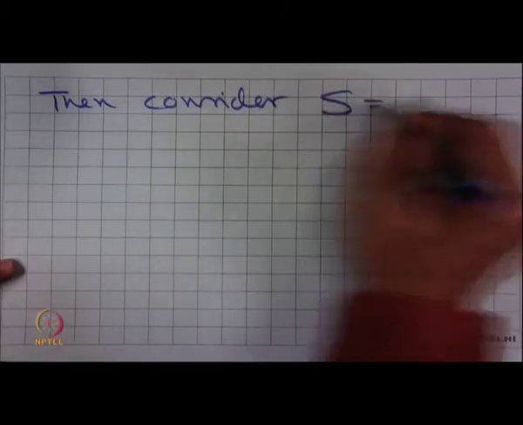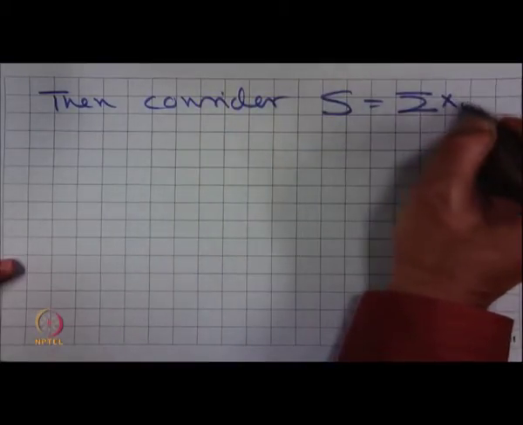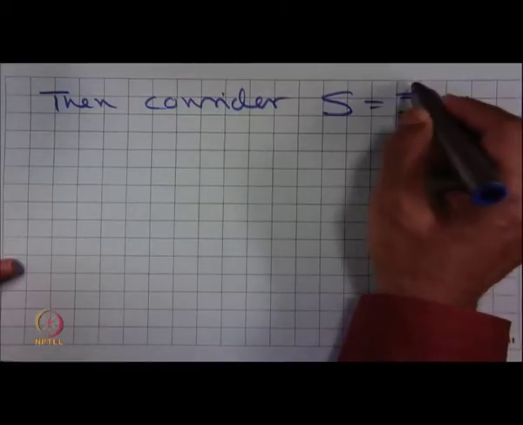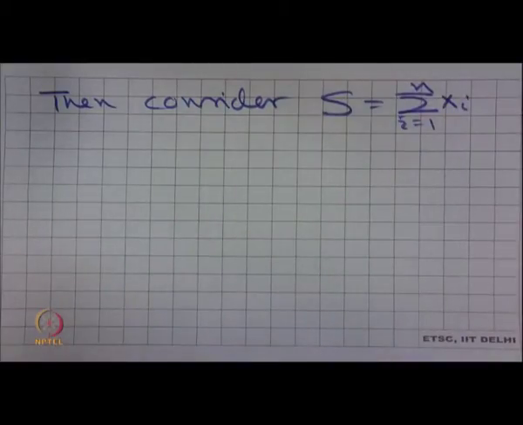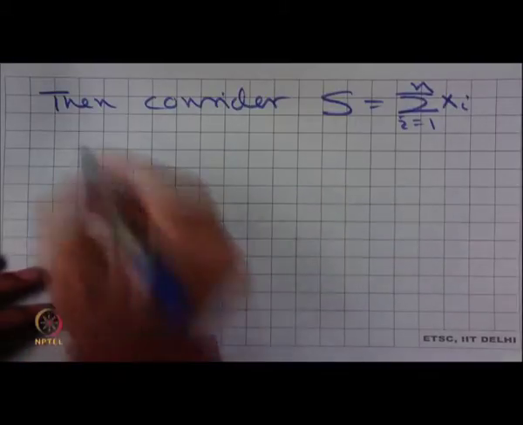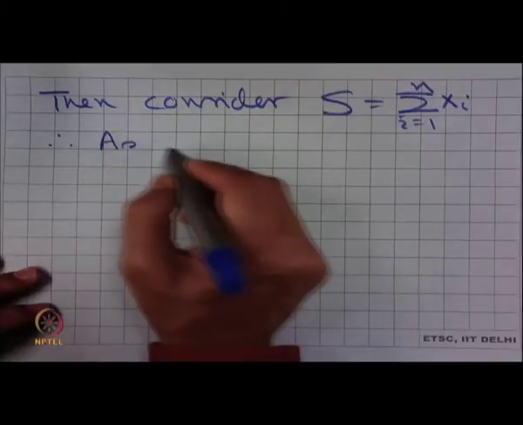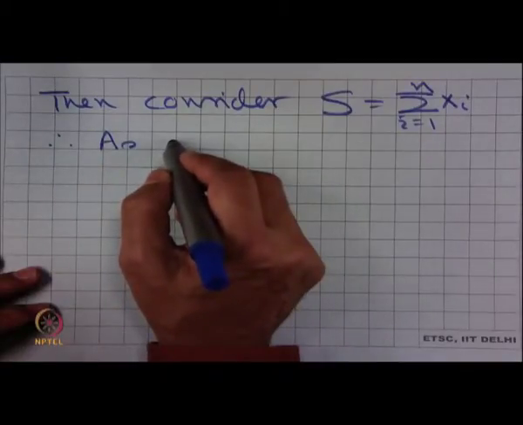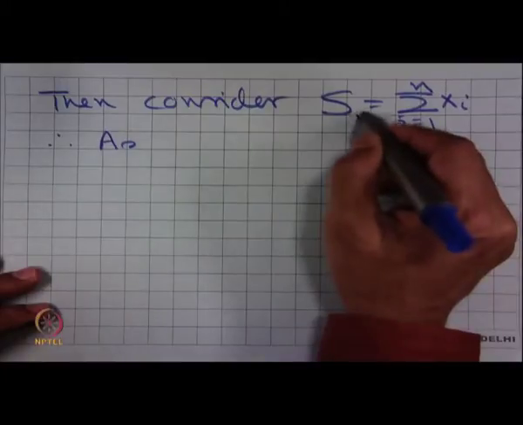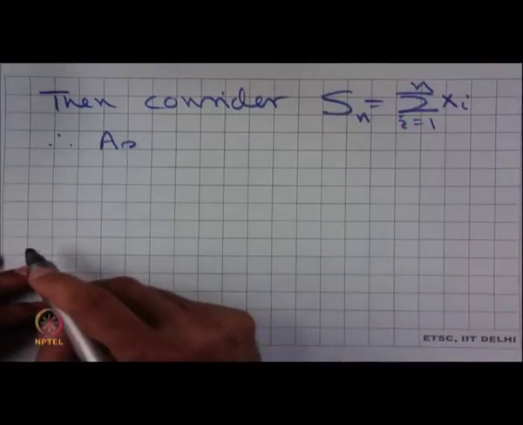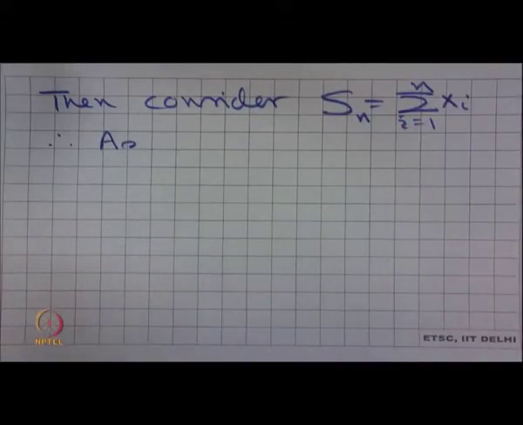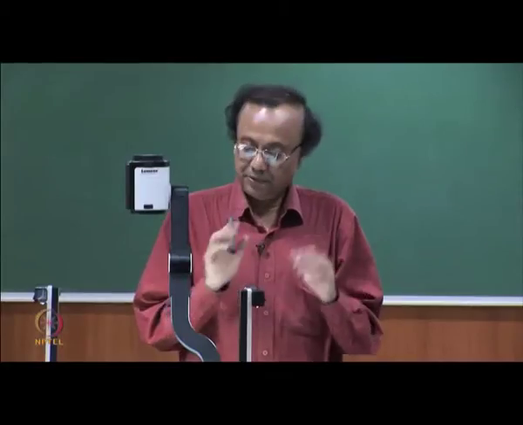Then consider S equal to the sum of x i, i equal to 1 to n. Let me call it S n. What is S n? S n is the sum of n samples.